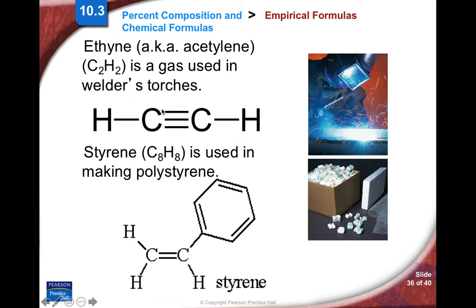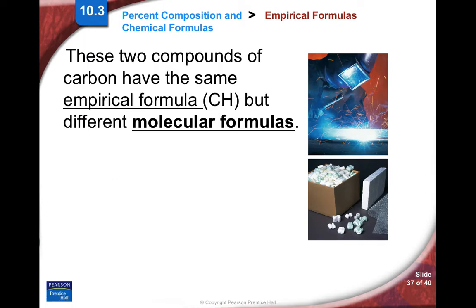So these are their molecules, right? It's ethine, 2 carbons with a triple bond. Oh, there goes my vicious attack dog. And then polystyrene actually has a 6 carbon ring as well. Not that that matters. What they both have in common is they have the same empirical formula. For every carbon, there's 1 hydrogen.